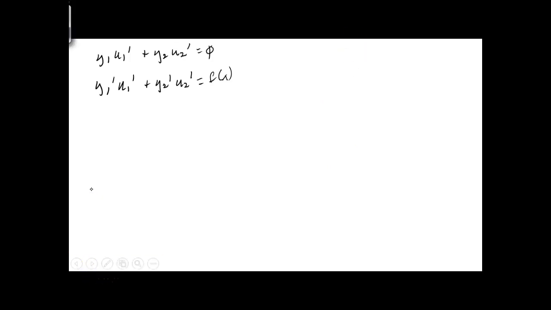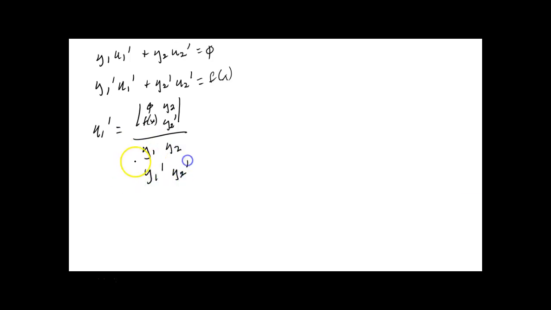All right. So variable u1 prime is equal to the determinant of the coefficient matrix, but you put 0 and f of x here, and then you put y2 and y2 prime there, right? Divided by your coefficient matrix, which is y1, y2, y1 prime, y2 prime.